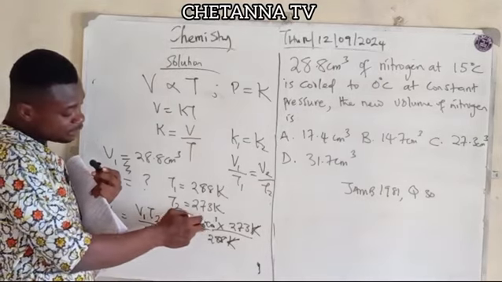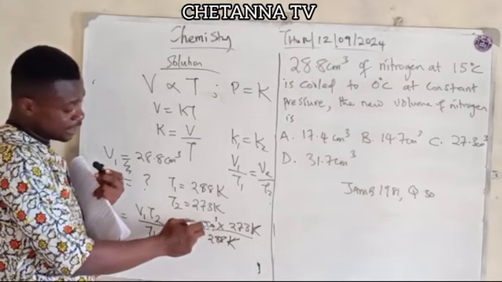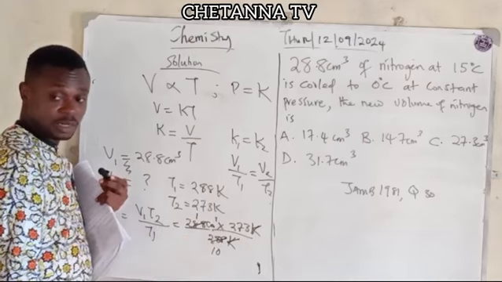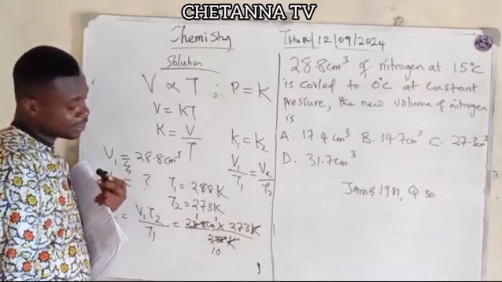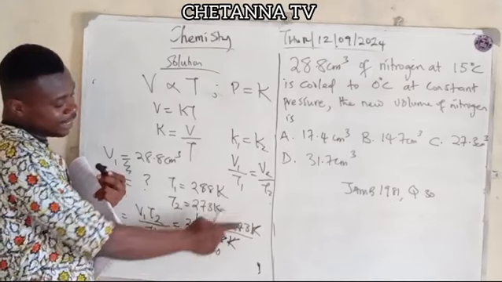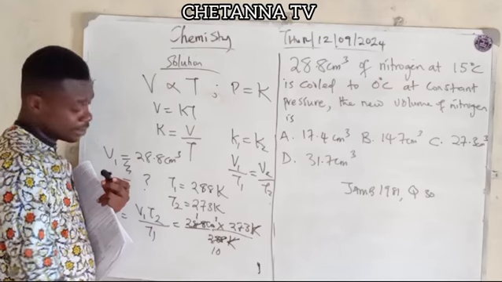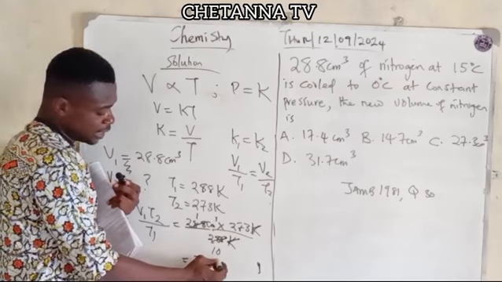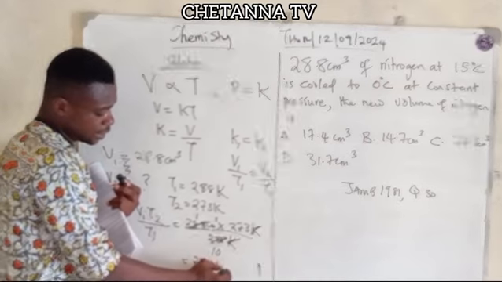If 28.8 is divided by 288, here we have 1, here we have 10. Are you aware? Yes. So 10 divided by 273 is 27.3 cm³.